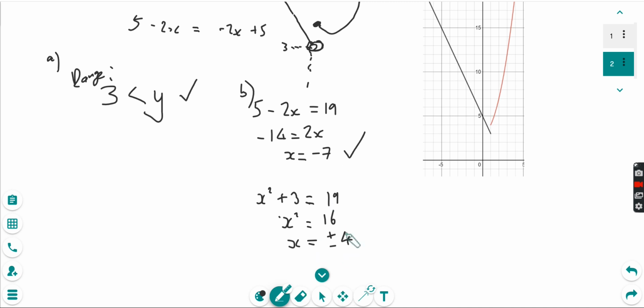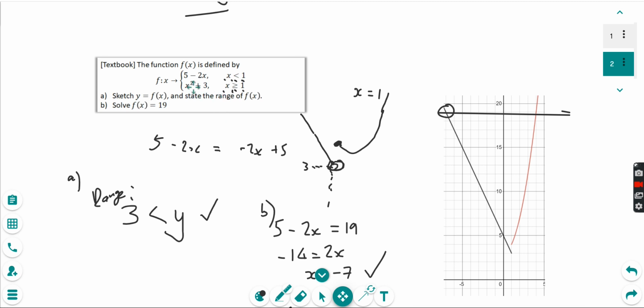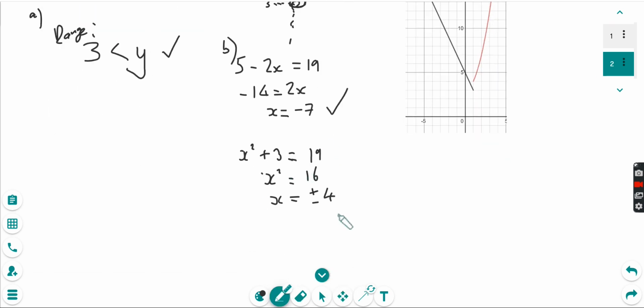However, plus or minus 4, remember with the x squared, we're only allowed values greater or equal to 1. And our graph shows that clearly we're talking about positive 4 and not minus 4. So we have to ignore one of these answers. So it's x equals 4 as minus 4 is not in the domain.